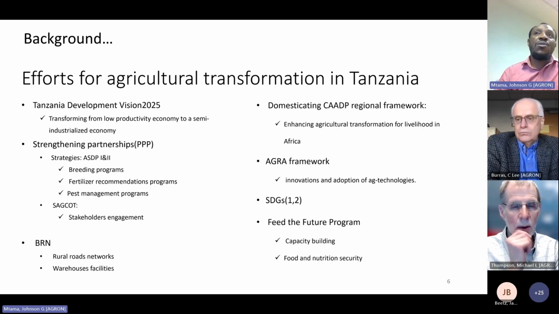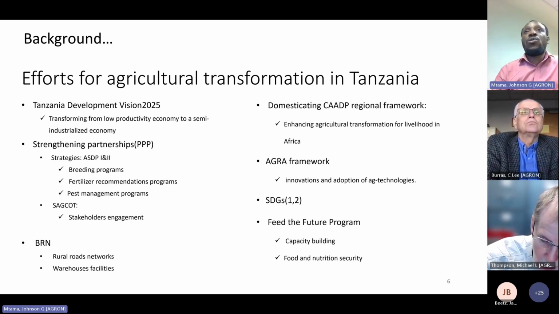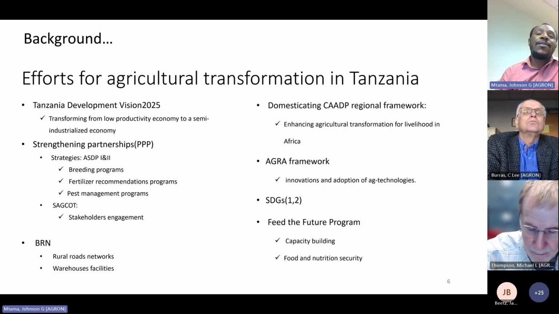Specifically for maize, we have so many maize varieties being bred and released for use in different agroecologies in the country, as I have mentioned. But these varieties also have fertilizer recommendation programs that again comply with the agroecological requirements as they are distributed in the country, as well as pest management programs.